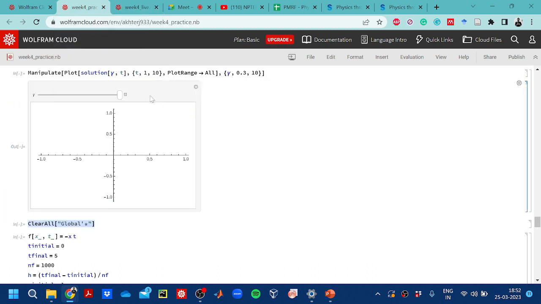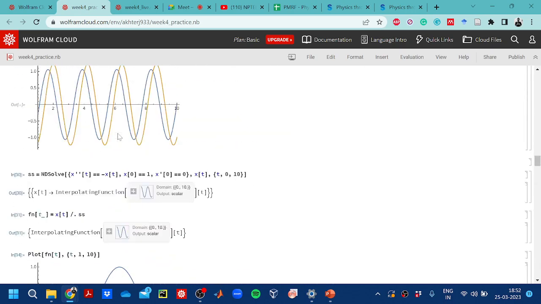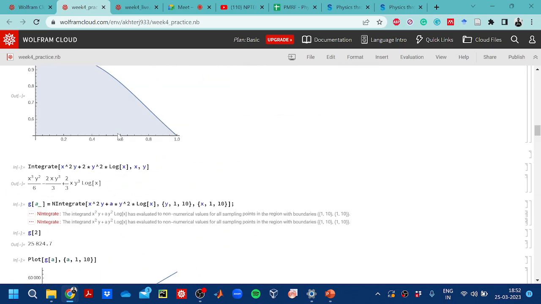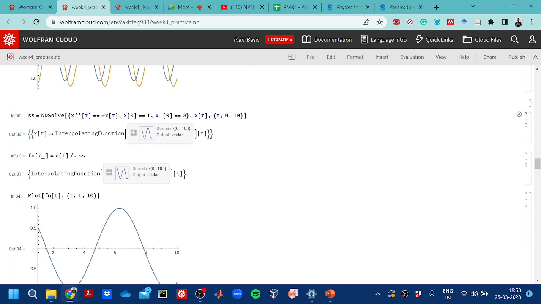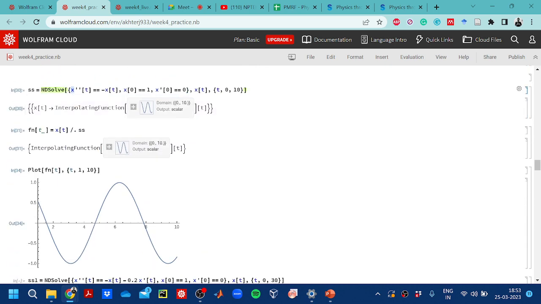Okay, so I think there is an issue here. You can see from here, this is a second order equation. This is typically a harmonic oscillator equation, that x double prime, or double derivative, equals minus x t.